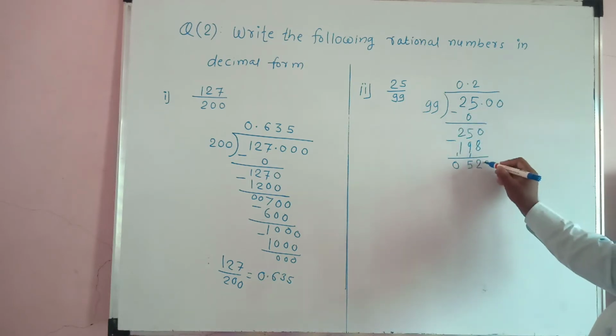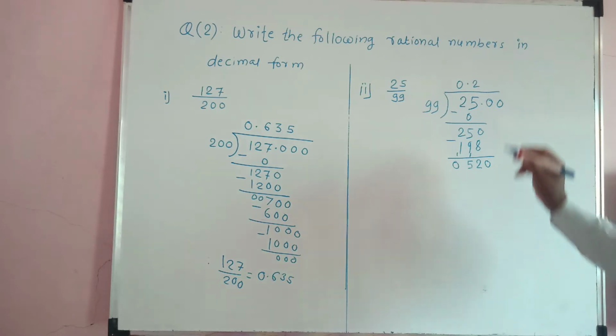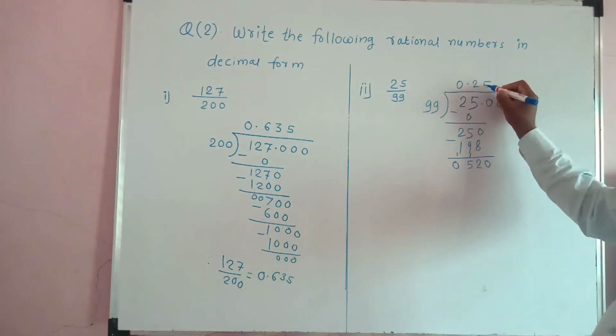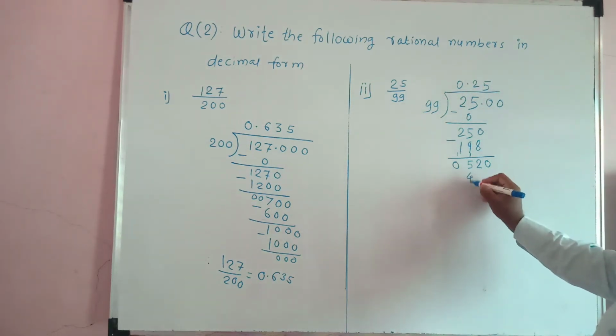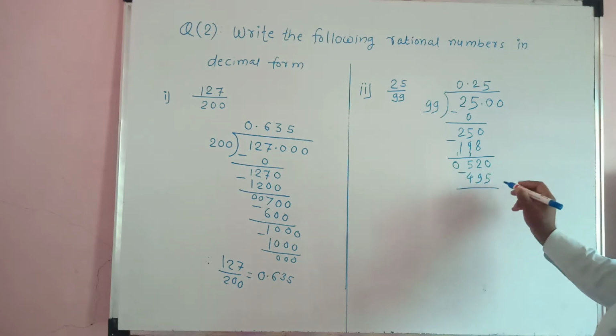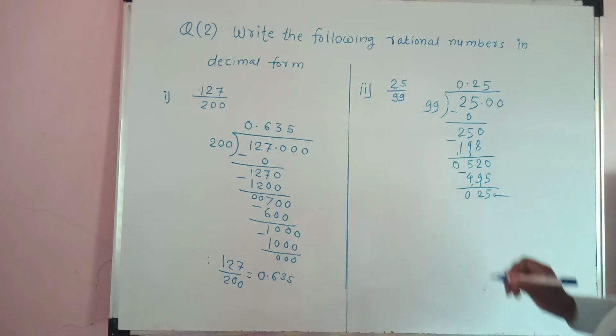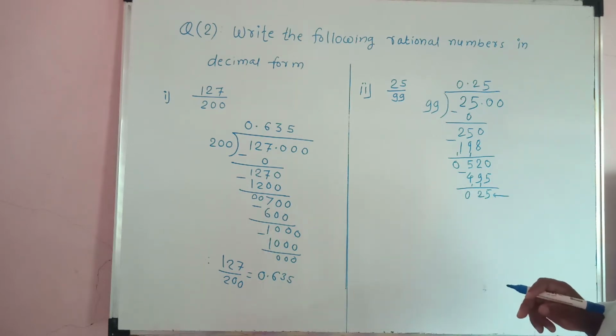Take 1 0. 99 into 5 will be 495. So what will remain here is 5. 12 minus 10 is a 2. And here we got 25. So remainder 25.